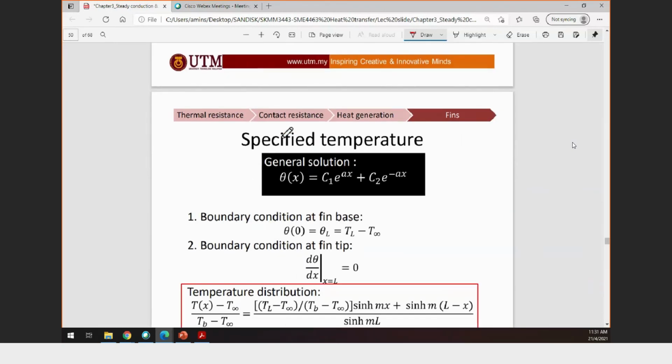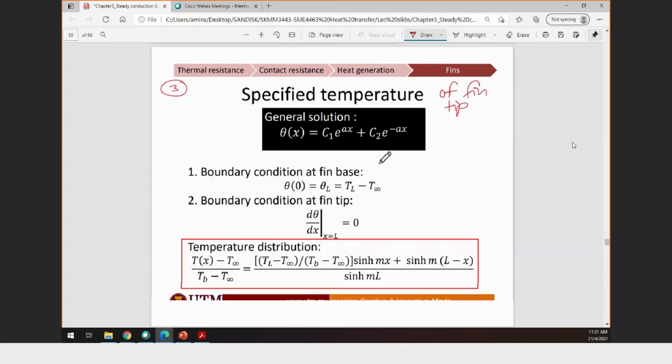So the third part is when you know the temperature at the fin tip, a specified temperature of the fin tip. All these conditions happen at the fin tip. Using the general solution and the boundary condition, you get this kind of temperature distribution.